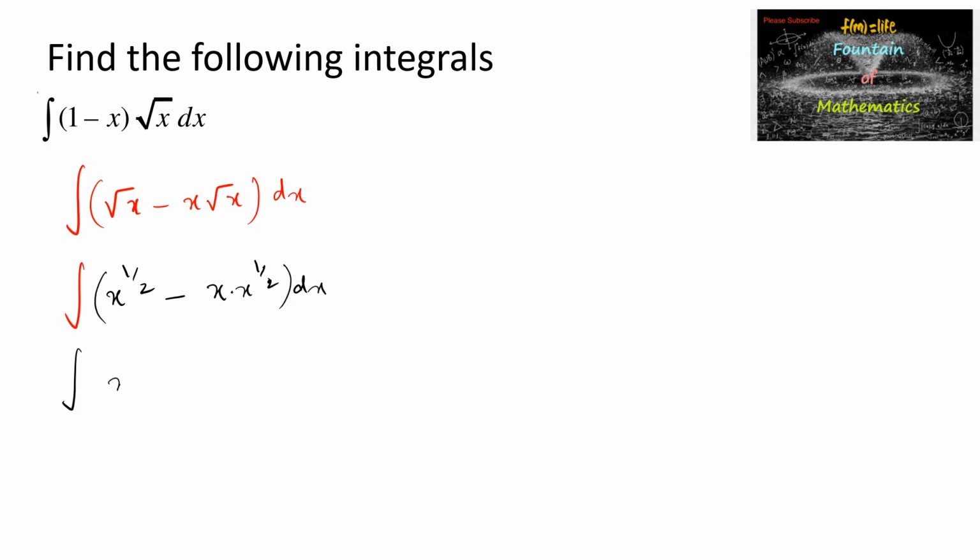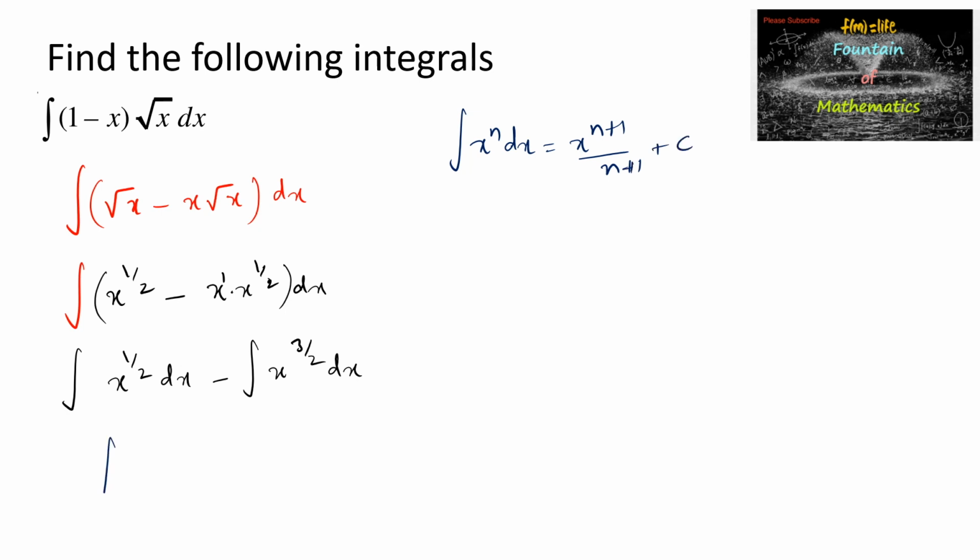That is, integral x to the power of 1 by 2 dx minus integral x to the power of, here 1 plus 1 by 2 is 3 by 2, dx. And we know that integration x power n dx is equal to x to the power n plus 1 upon n plus 1 plus some constant.